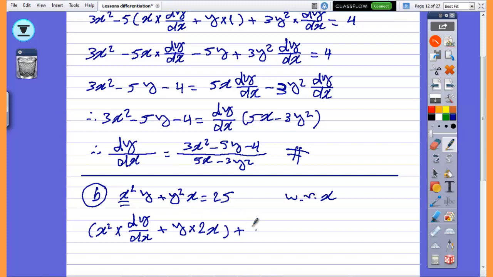So we have the first, y squared, multiply the derivative of the second, which equals 1, plus the second multiply the derivative of the first function. The derivative of y squared is 2y dot dy dx, and don't forget that, which equals the derivative of 25, which is 0.